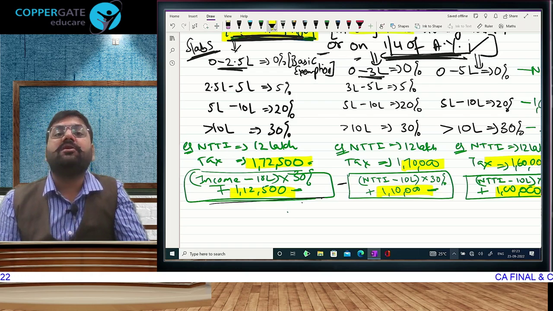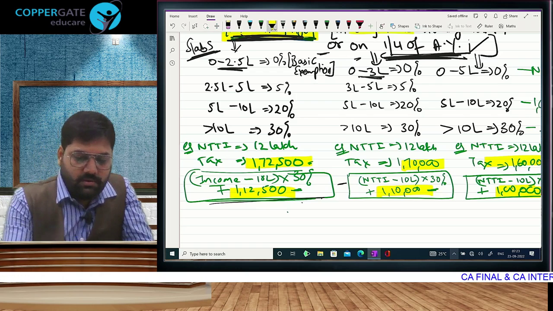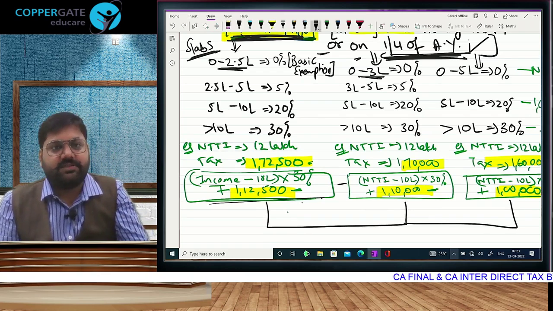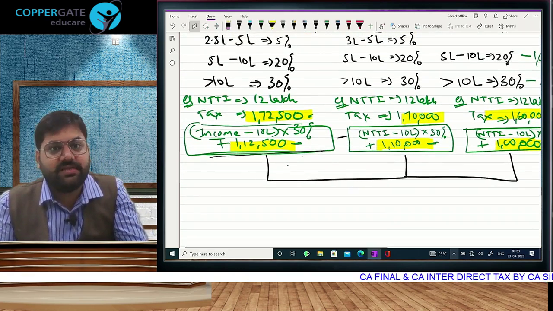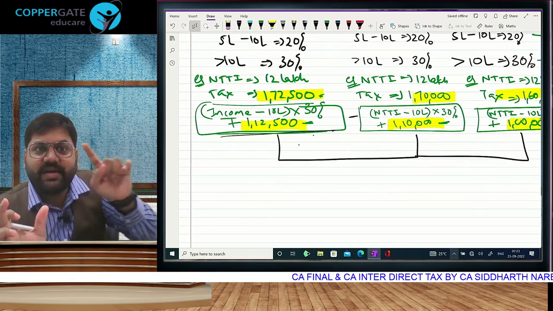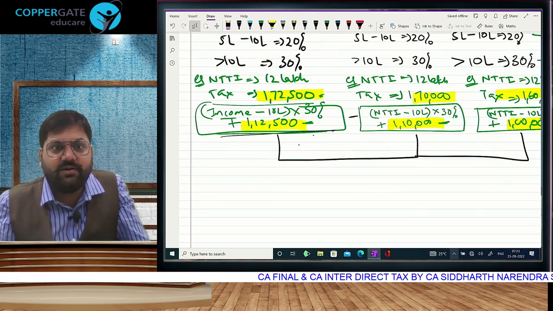Bad news number 2. Whatever be your tax calculation in category A, B or C, have you applied the slabs here? So you took the total income and subjected it to the slabs 0, 5, 20, 30.